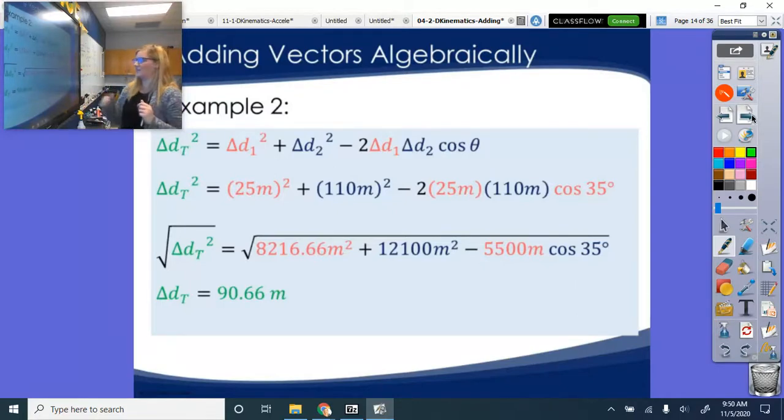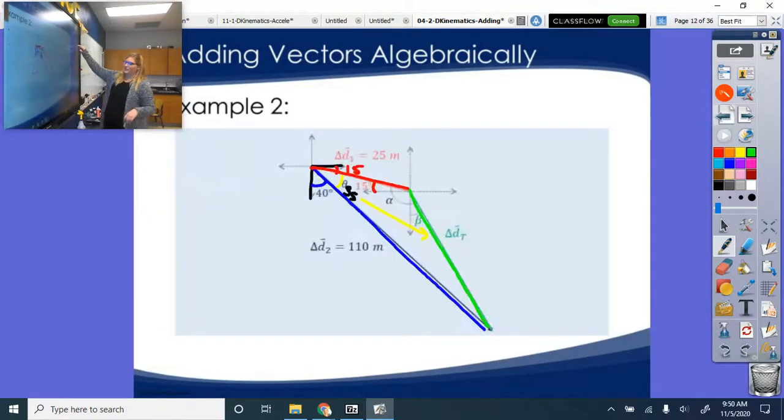When I plug all of this in, with the math right up here for you, I get that my resultant is 90.66 meters. So I can go back here and say, okay, I know that this is 90.66 meters. Now what? Now I have to solve for the direction it's heading in, because I have my magnitude, but I need my direction.